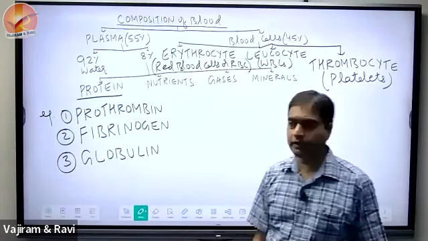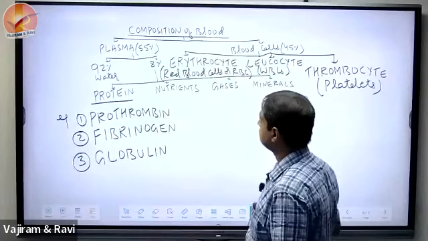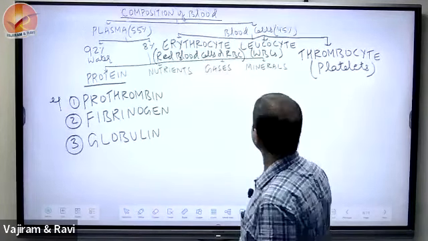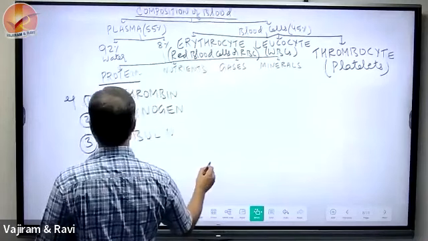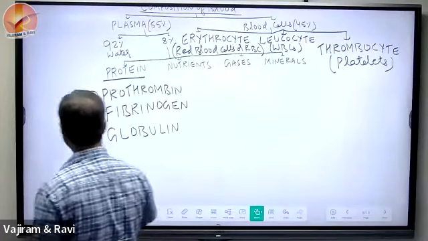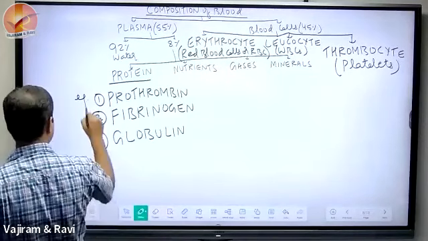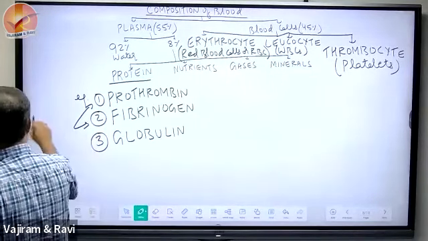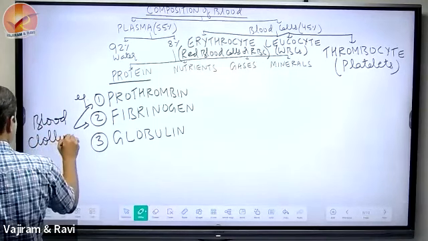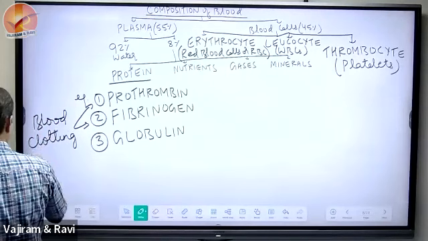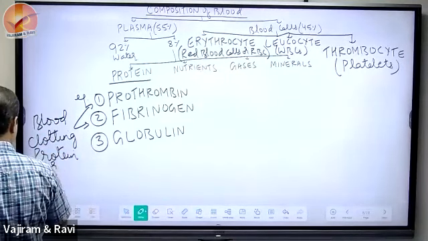So these are some important examples of plasma protein. The first two, that is prothrombin and fibrinogen, are together known as blood clotting protein or factor.